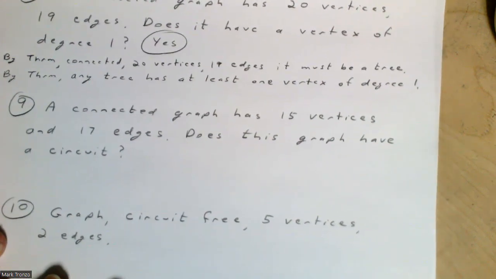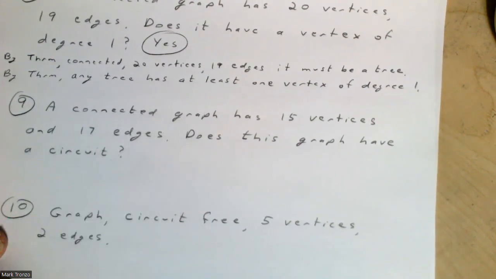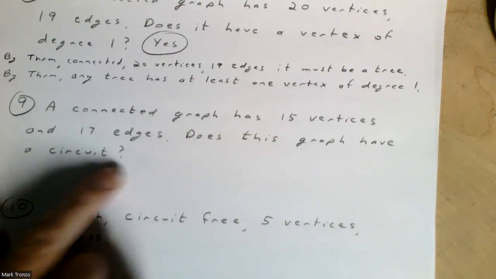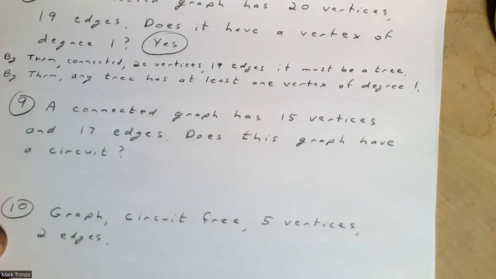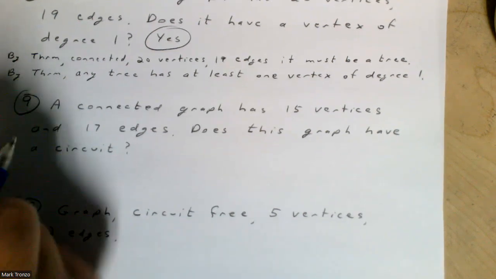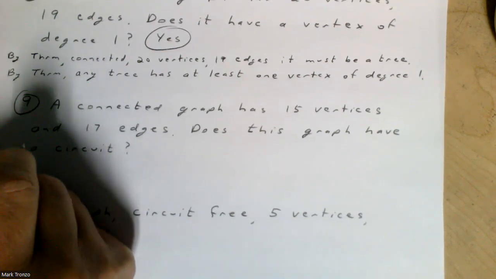Number 9, a connected graph has 15 vertices and 17 edges. Does it have a circuit? And the answer is going to be yes. And you could sort of argue it this way.